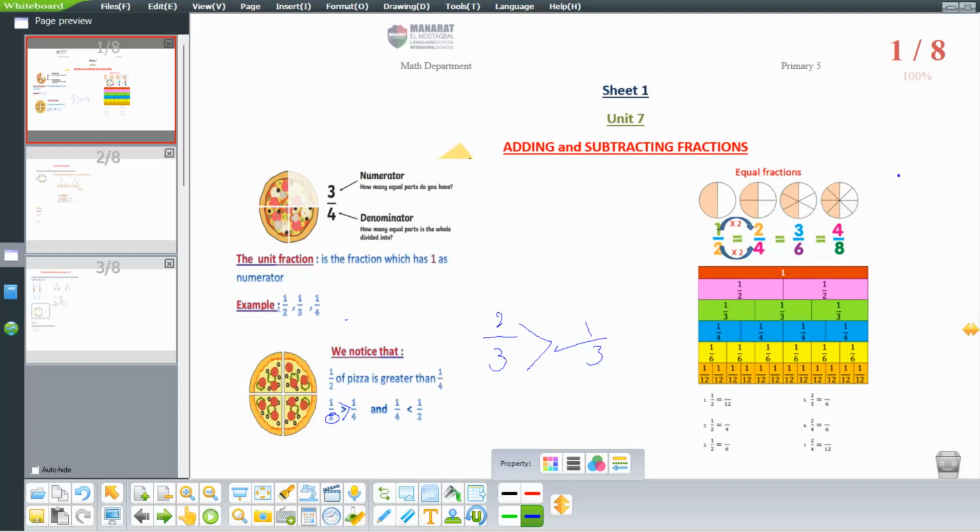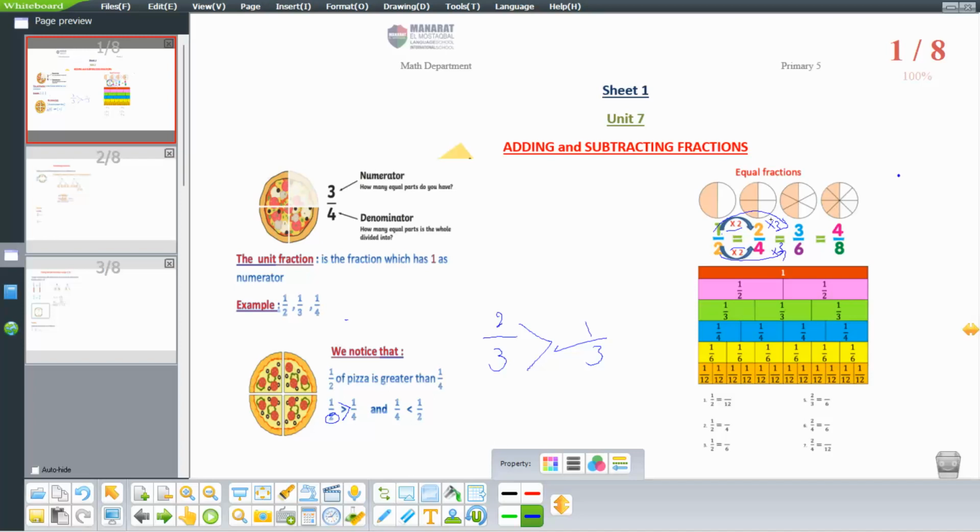By multiplication. Okay, for 1 to become 2, we need to multiply it by 2. So 1 times 2 equals 2, and 2 times 2 equals 4. If I want to make 1 become 3, we multiply it by 3, and 2 will be multiplied by 3.